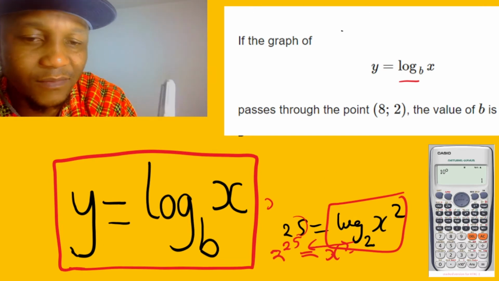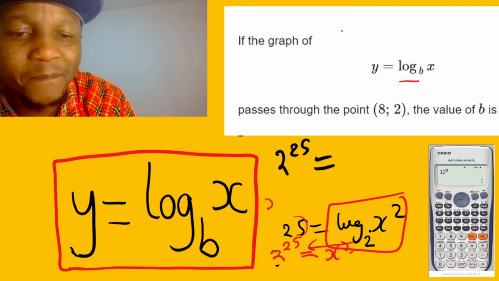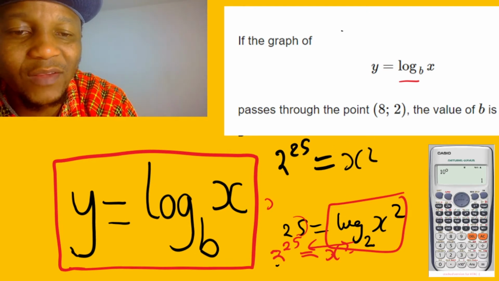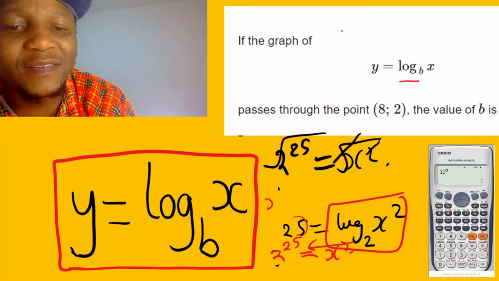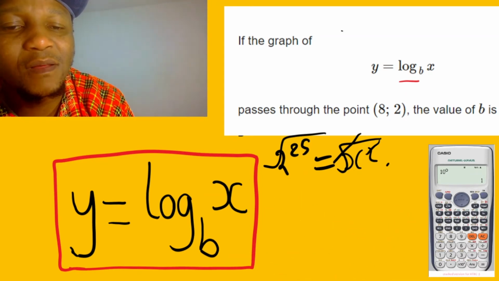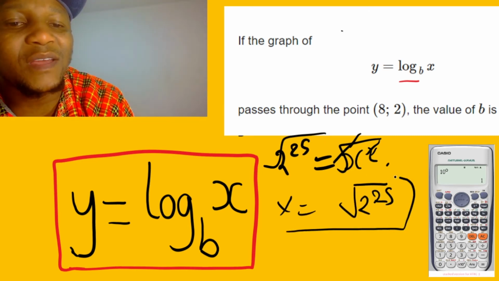So 2 power 25 equals x squared. You take the square root of both sides, and this and this cancel. So x equals the square root of 2 power 25. That's the value of x.